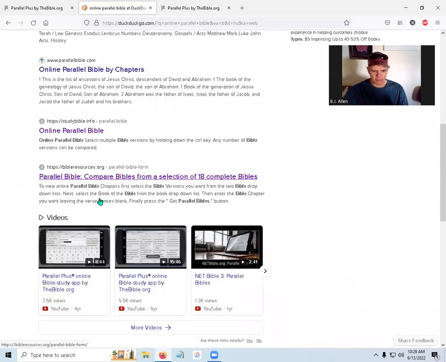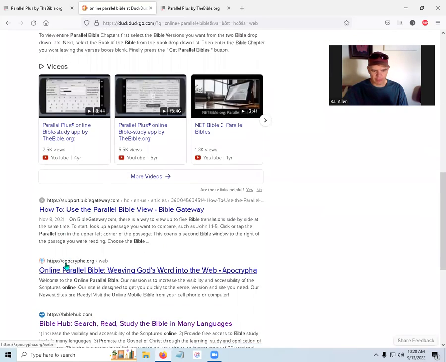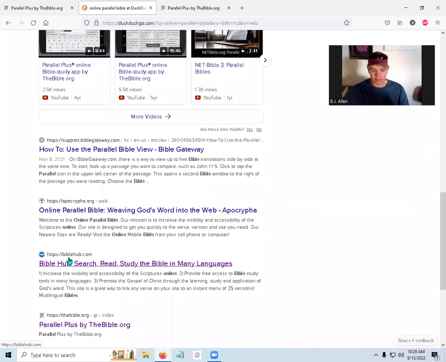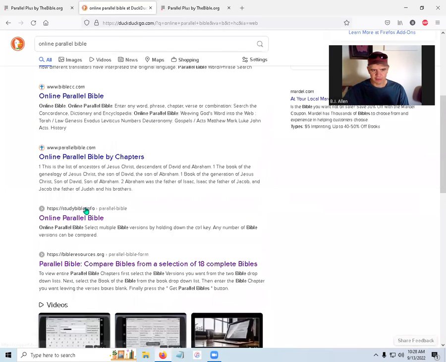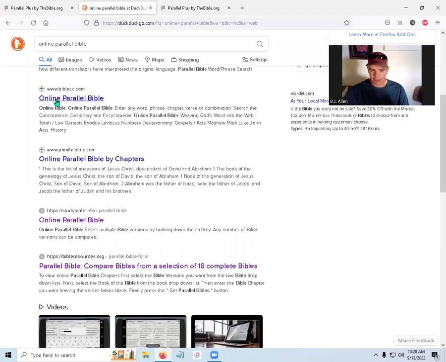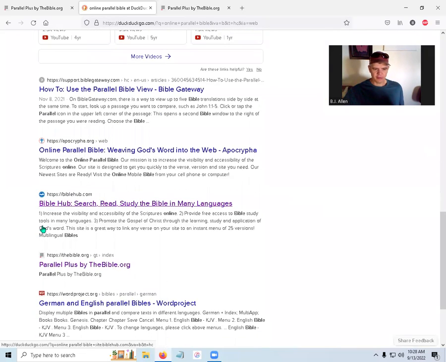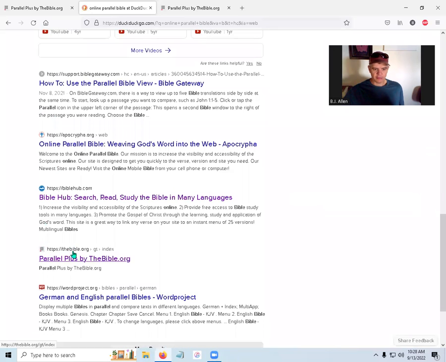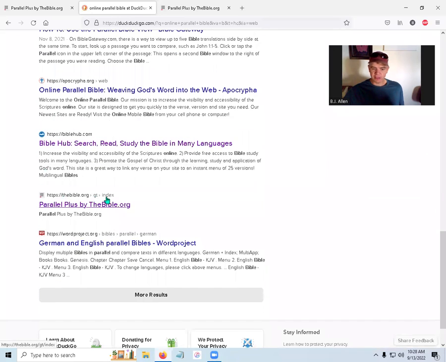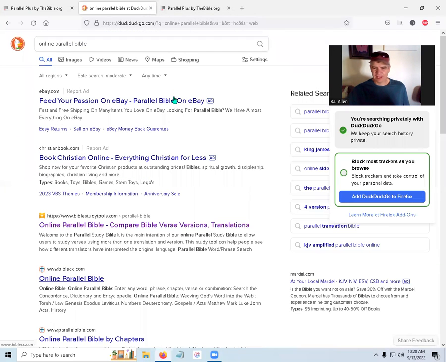Study.info, Bible.org resources, support, Bible Gateway, Bible Hub also is the same as these two. Bible Hub, Bible CC, Parallel Bible, I believe they're the same, but you might have seen it. See, it's got pictures right there. The Bible.org GT index. See the little picture up there at the top? See the little picture right there? Okay.